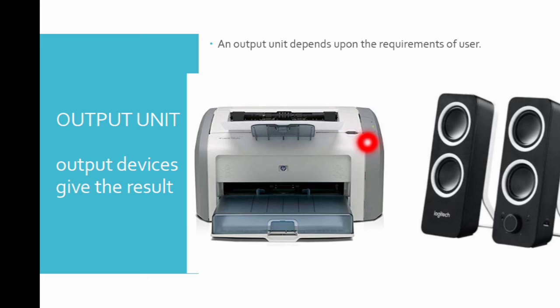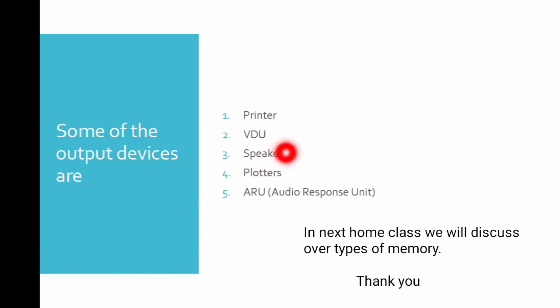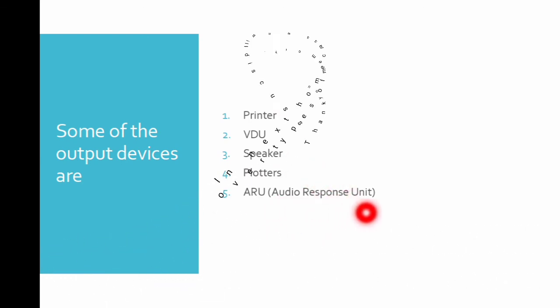If you want to take a number of printouts at your home, then you have to buy a printer and connect it with your computer. But if you don't need it, then you will avoid it. So it depends upon the requirements of the user. Some of the output devices are printer, VDU, that is visual display unit, speaker, plotters, and ARU, that is audio response unit.